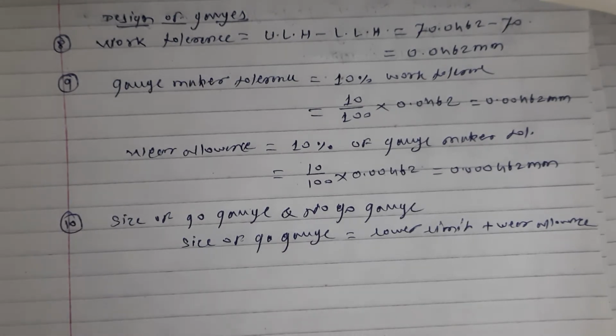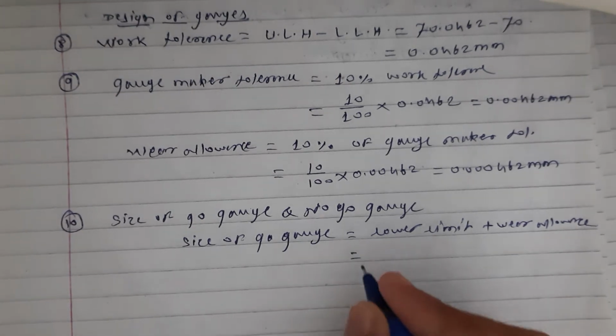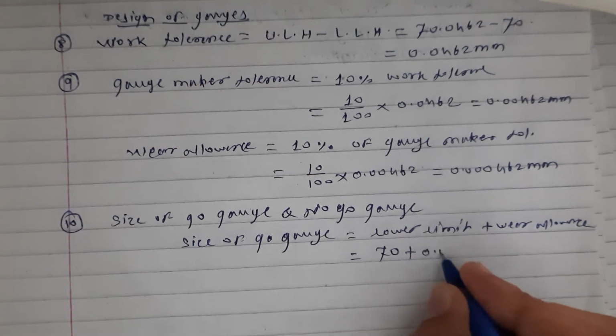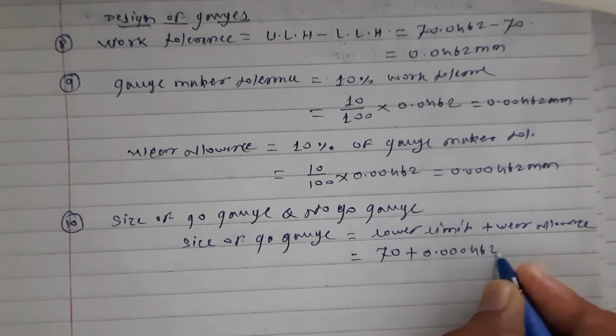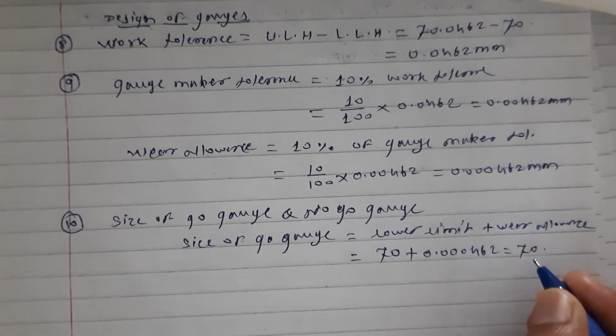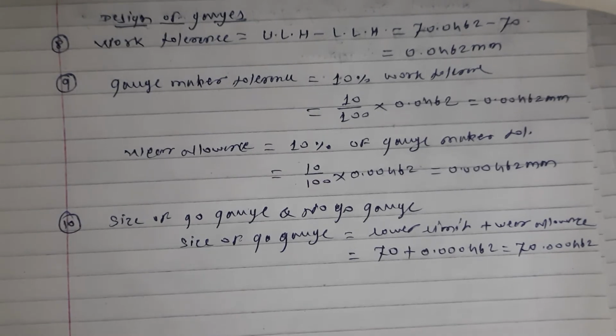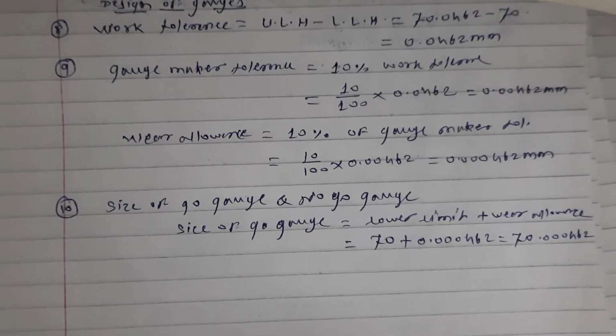Go gauge is equal to lower limit plus wear allowance. What is the lower limit? 70. What is the wear allowance? 0.000462. You will get 70.000462 mm. This is the size for the go gauge.